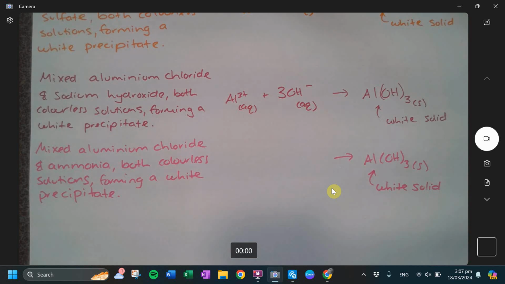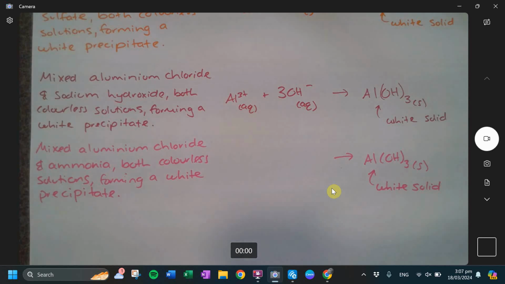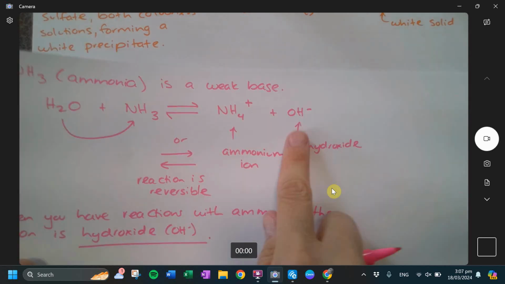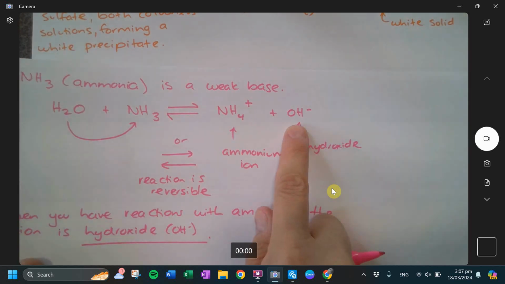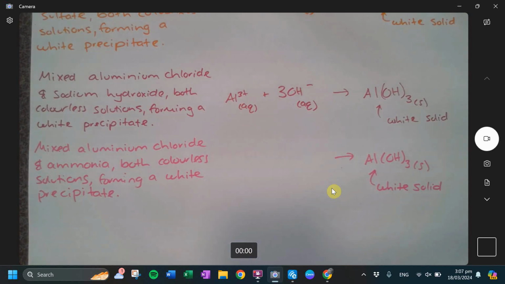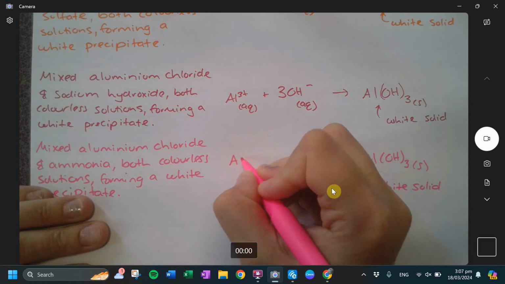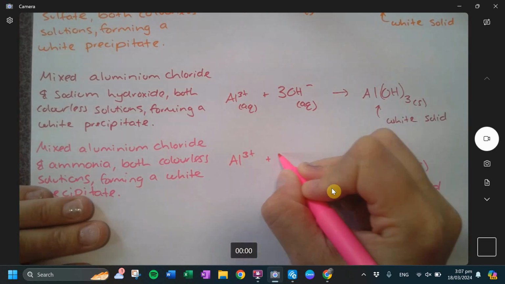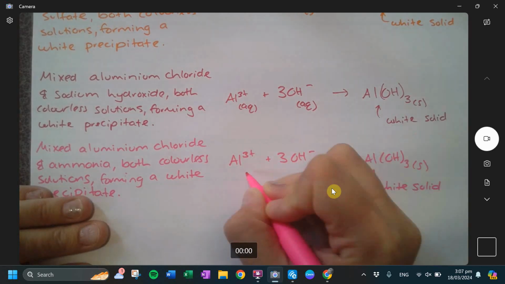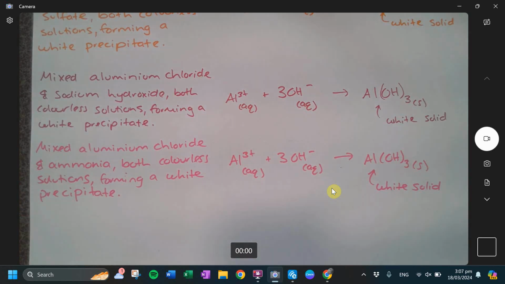The reason why is because we had aluminium as my cation, and my anion, because it's from ammonia, is the hydroxide. So you gotta watch out for those ammonias. Those ammonias are secret hydroxides. And then if I was to do my equation, it's the exact same equation. Cool.